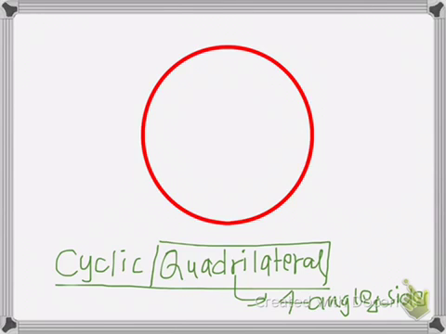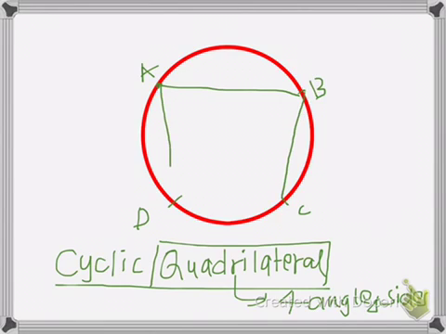Here, I'll take 4 points on the circumference of a circle: A, B, C, D. And if I join these points, it becomes a cyclic quadrilateral ABCD that stands inside of our circle.